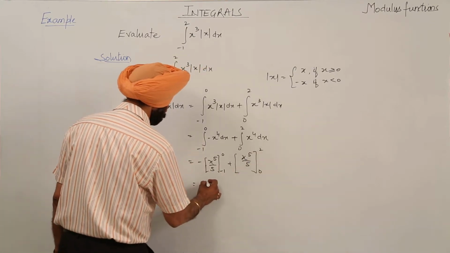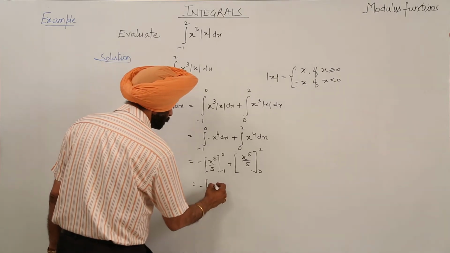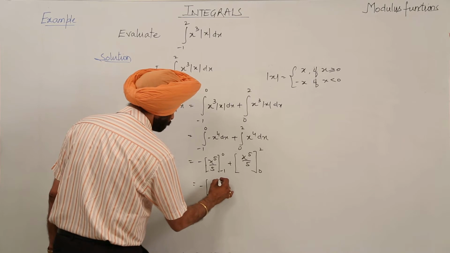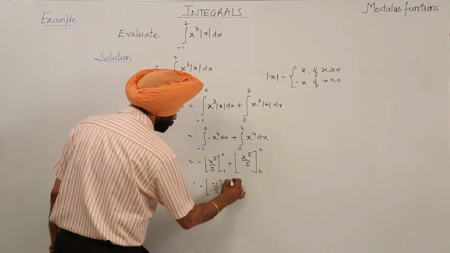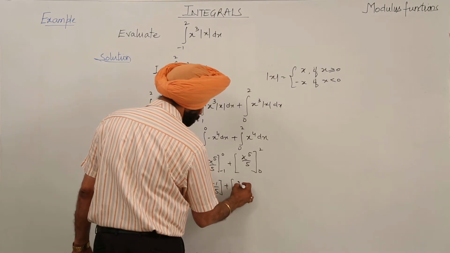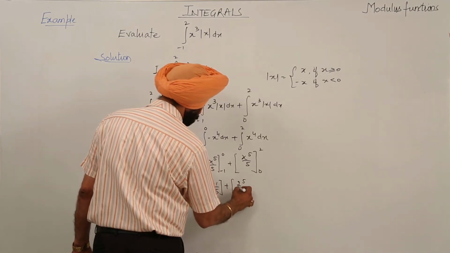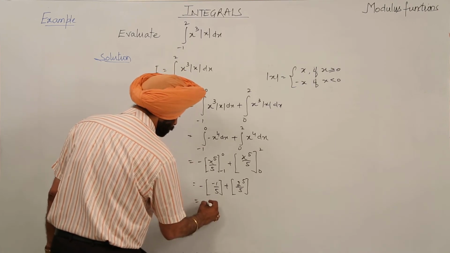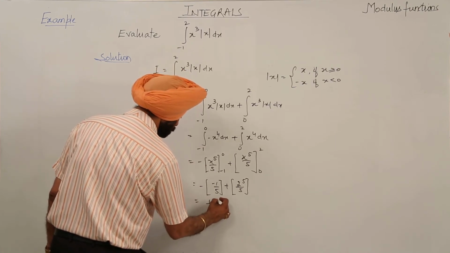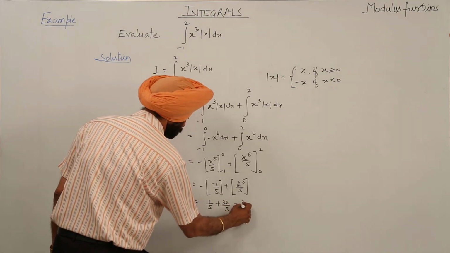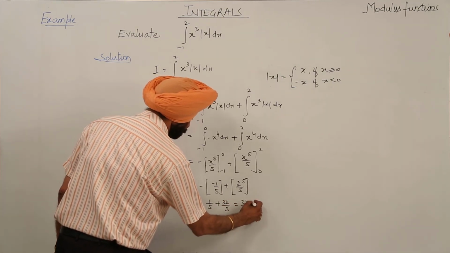Now this becomes minus 1 upon 5, plus 2 raised to power 5 upon 5. This is equal to 1 upon 5 plus 32 upon 5, which is 37 upon 5. Answer.